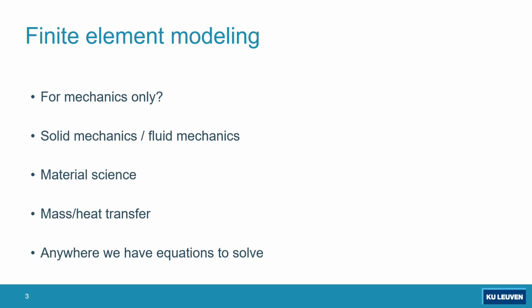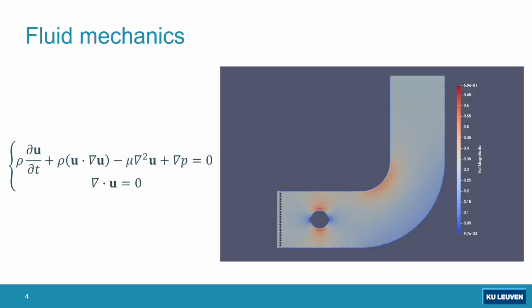In the next slides, I want to show you some examples. As I said, I don't want to discuss the equations. I just put the equations to show you that these equations will lead to these results. For example, in this case, for fluid mechanics, the Navier-Stokes equations result in fluid flow. These are the things that we can do with finite element.